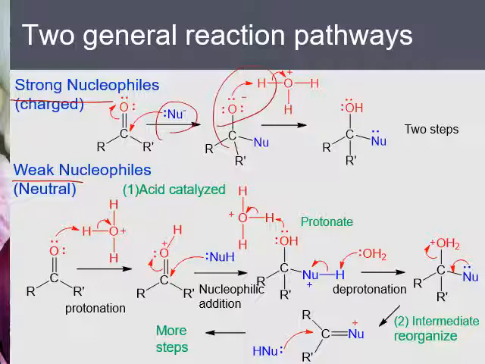In the first step, the ketone or aldehyde is usually protonated by the acid, and the protonated ketone or aldehyde then undergoes nucleophilic addition, followed by more protonation and then deprotonation, and sometimes intermediate reorganization, and many more steps depending on the reaction.